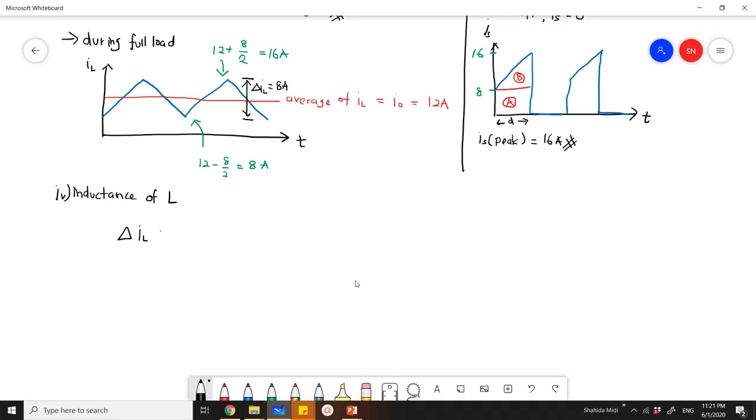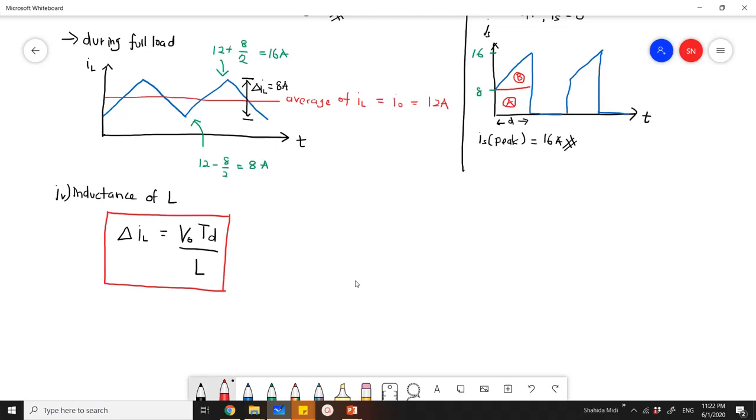I am E naught T D L. Okay, so we need to use this equation over here to find the inductance of the inductor, of course.